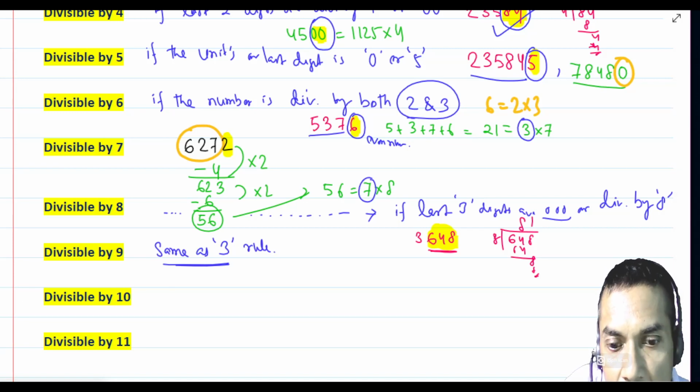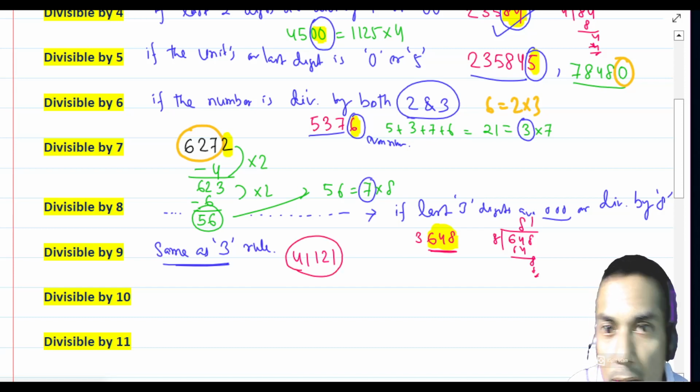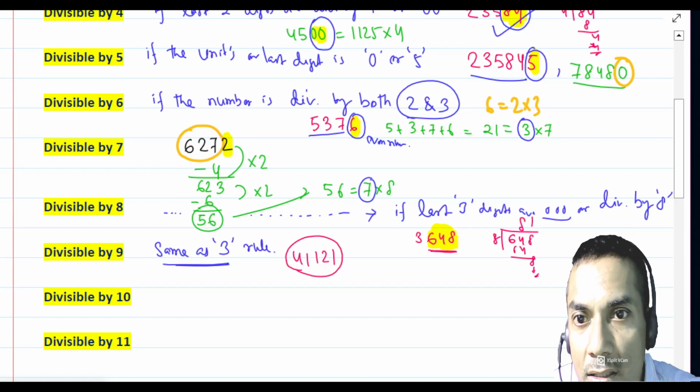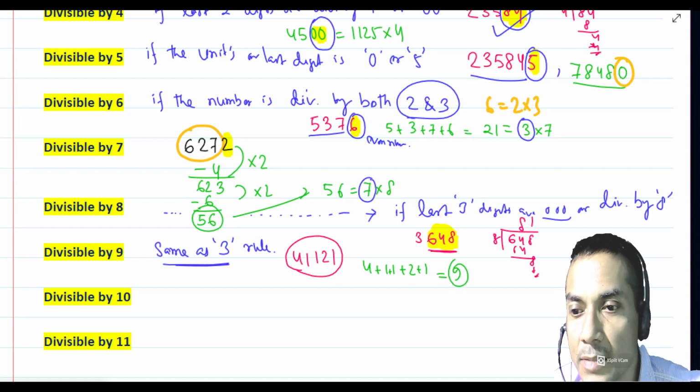For example, 41121. You can check whether this number is divisible by 9 or not. Simply add all the digits: 4 plus 1 plus 1 plus 2 plus 1. So 4 plus 1 is 5, 5 plus 1 is 6, 6 plus 2 is 8, 8 plus 1 is 9. So it is divisible by 9. Clear?